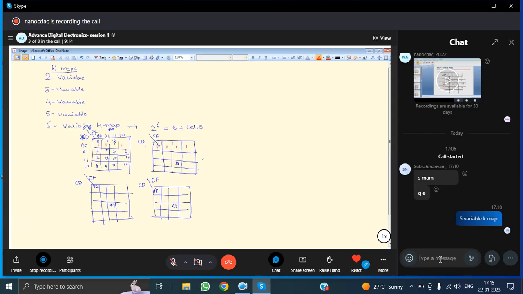If I see the cubical structure of these 4 cells, for 5 variables we will be assuming the same thing.